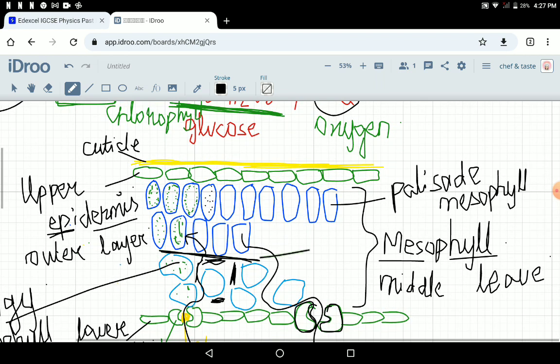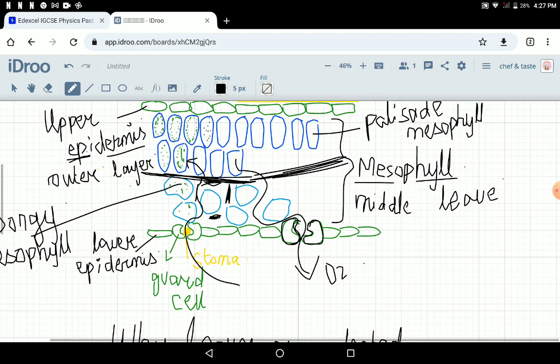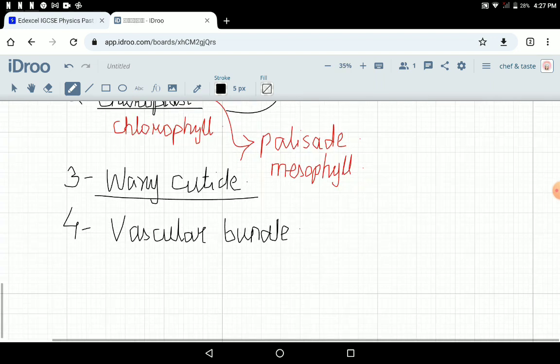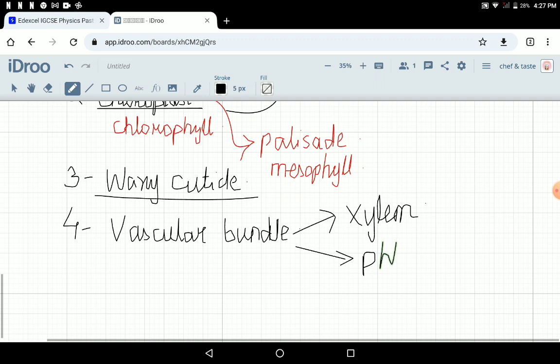This is the vascular bundle, found in between the spongy mesophyll and palisade mesophyll. And what is the function of the vascular bundle? The vascular bundle consists of two portions, xylem and phloem. Xylem is used to transport water and phloem transports food to the plant.